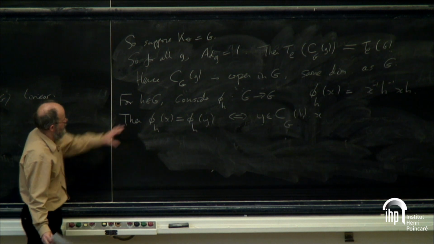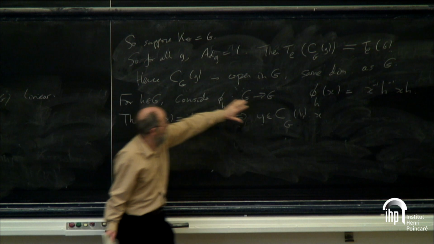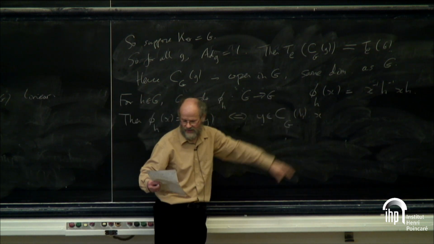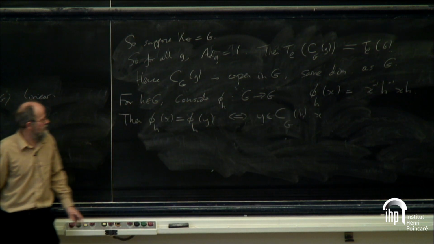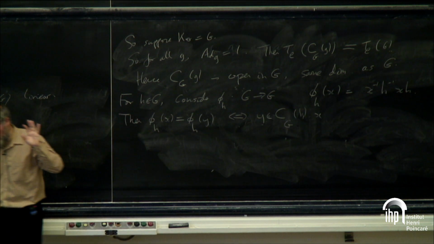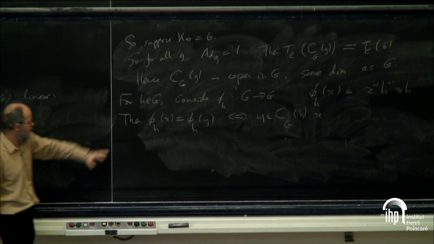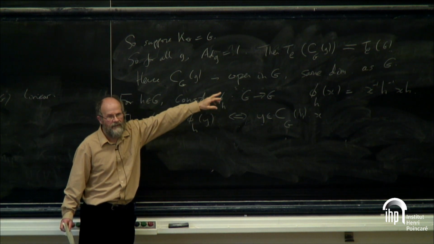Now, that's just a calculation. Now we know the centralizer is open in G, so these cosets are all open in G and of full dimension. So we've got a locally constant map. Phi H is a map from G to itself, which is locally constant. So these fibers are all open.